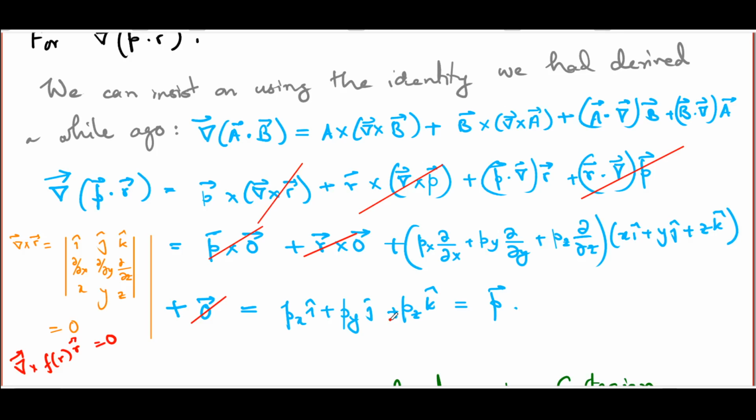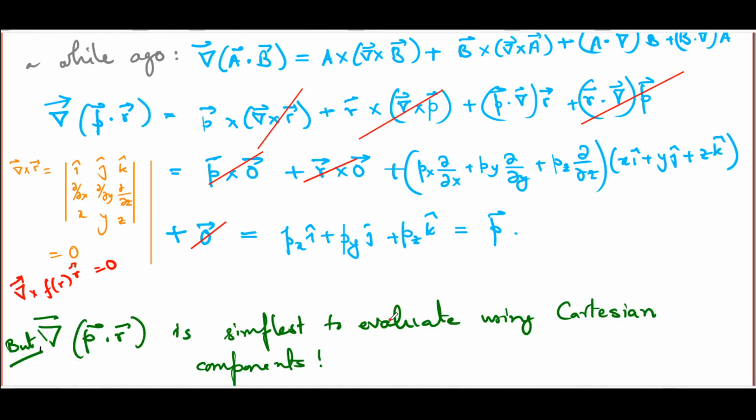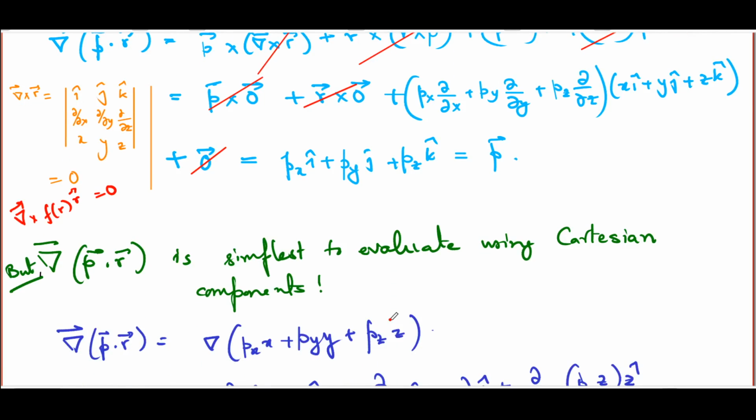Now, this result is very simple, but this whole procedure of calculating this using the identity was not really very simple. It's actually much easier if you forget about the identity here and just try to evaluate p dot r from its very definition. Remember, p dot r is nothing but px x plus py y plus pz z, and you're taking the gradient of that.